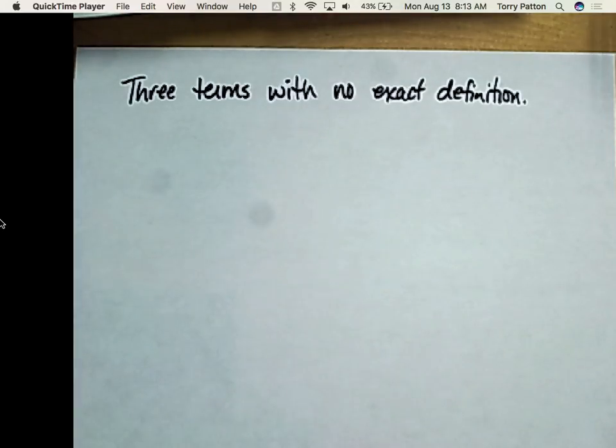Now what I mean by that is you can't use a word in its own definition. Like if I ask you to define the word stand, you wouldn't say it's when you're standing. Because you don't know what stand means, you don't know what standing means, right? You can't use a word in its own definition. So there are 3 words in geometry that technically there's not a good definition for them.